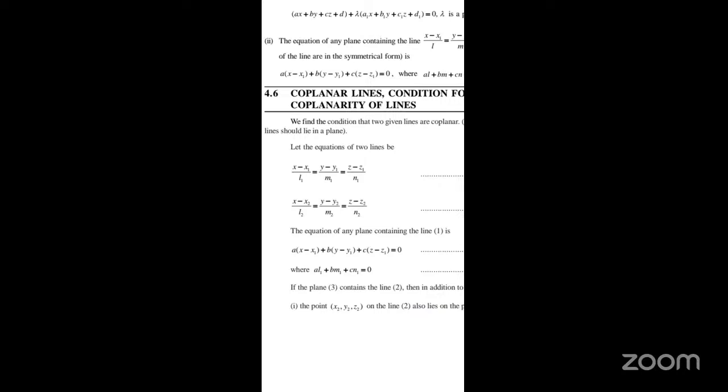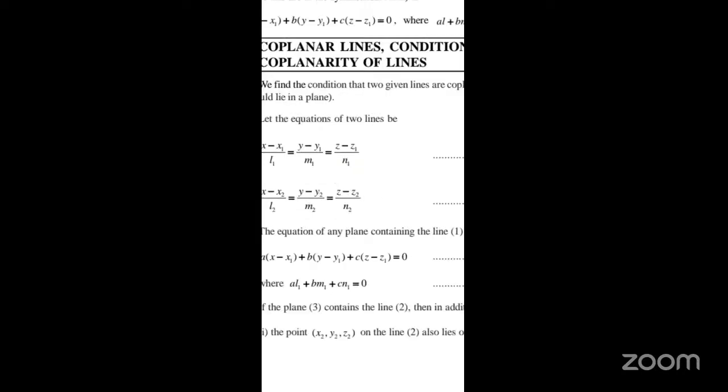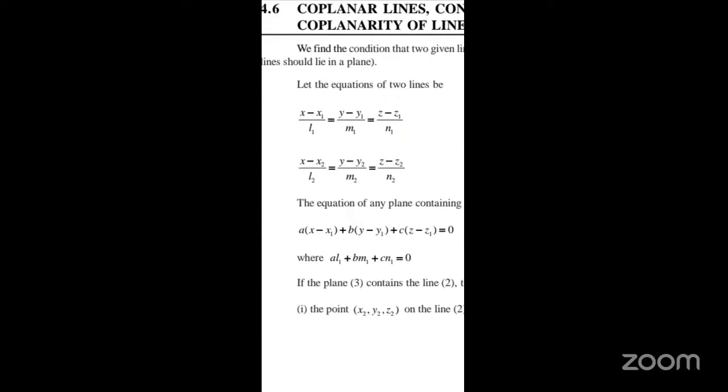But here there are two symmetric lines, and according to the symmetric form, the x coordinate is x minus x1, y minus y1, z minus z1. That value is substituted in the plane, so a(x minus x1) plus b(y minus y1) plus c(z minus z1) equal to 0. And according to the DCs l1, m1, n1 of the first line, a l1 plus b m1 plus c n1 equal to 0. From these equations, we get the determinant.